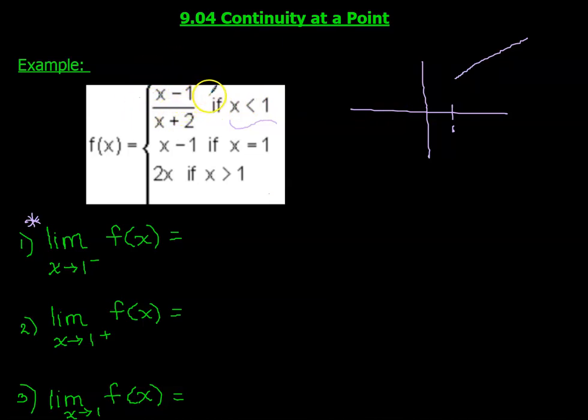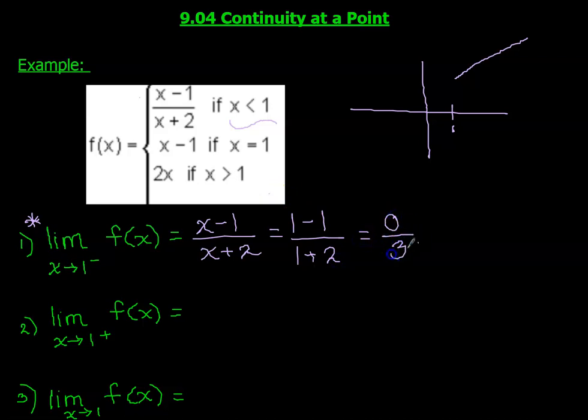Just keep in mind that you use the right graph though. So to the left of 1, which means x is less than 1, we're using this function, x minus 1 over x plus 2. And you can use direct substitution from here. You're going to directly substitute that x is 1 because that's the number that we are approaching. And if I replace all of the x values with 1, I have 0 over 3, which is just going to be 0.